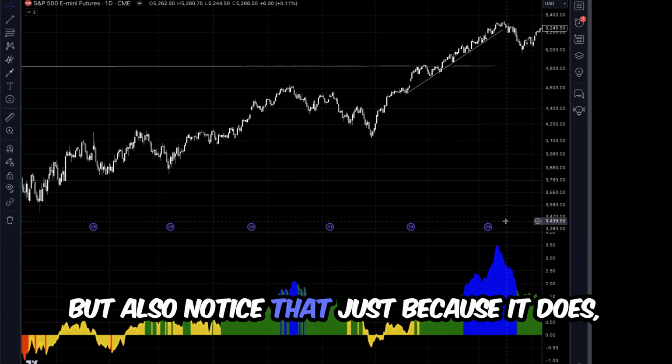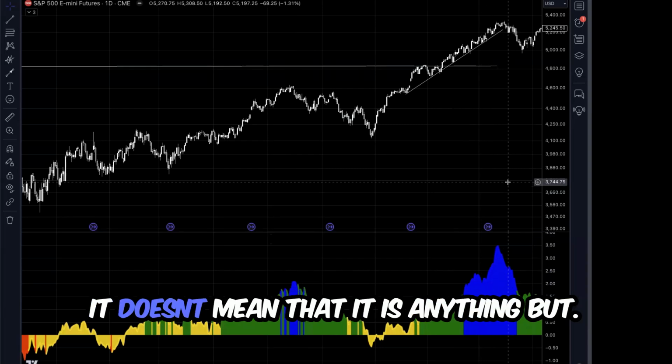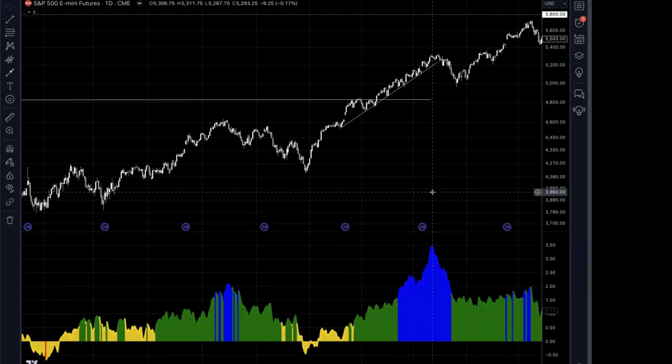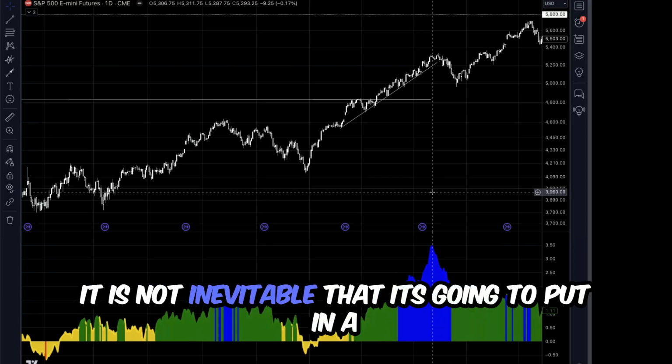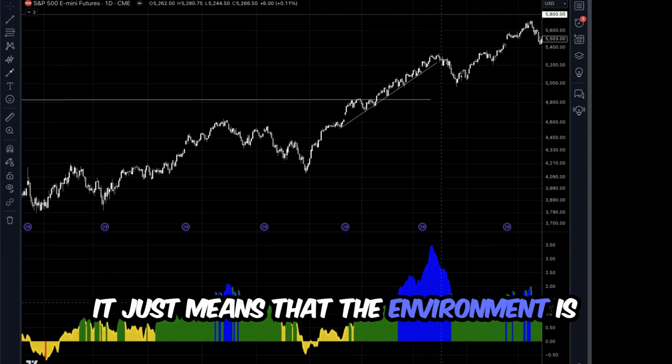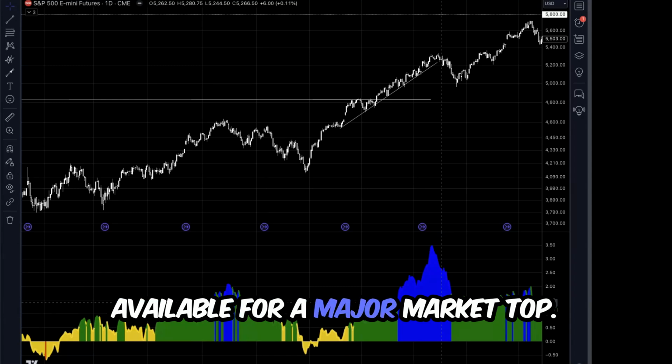But notice that just because it does doesn't mean it's inevitable that it's going to be the major market top. It just means that the environment is available for a major market top.